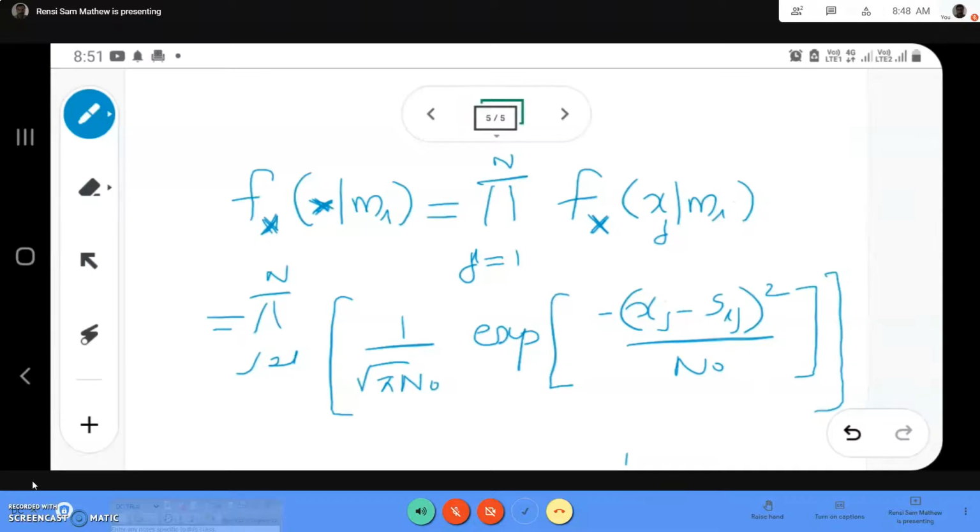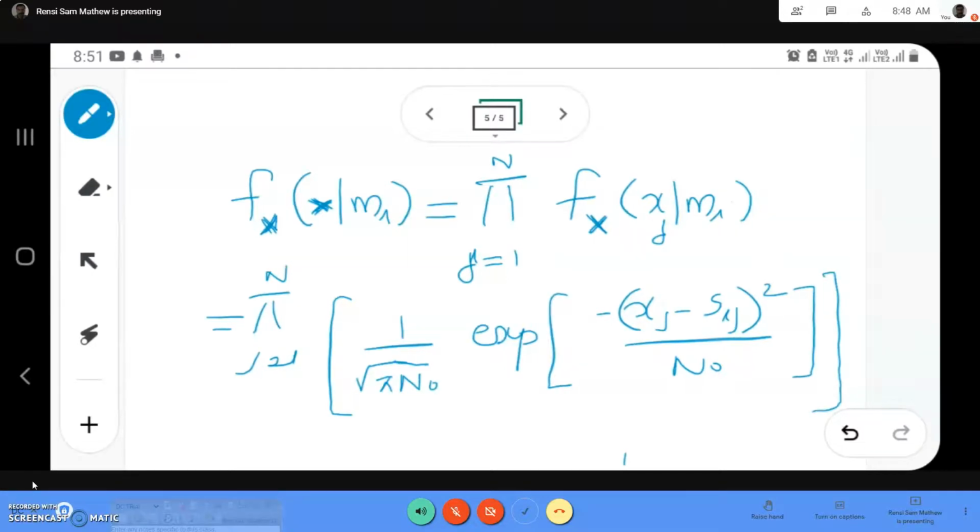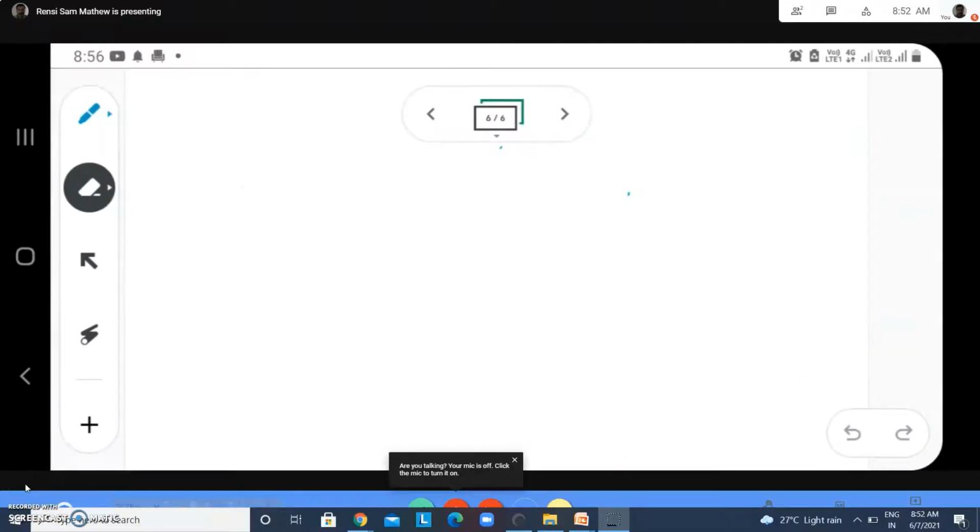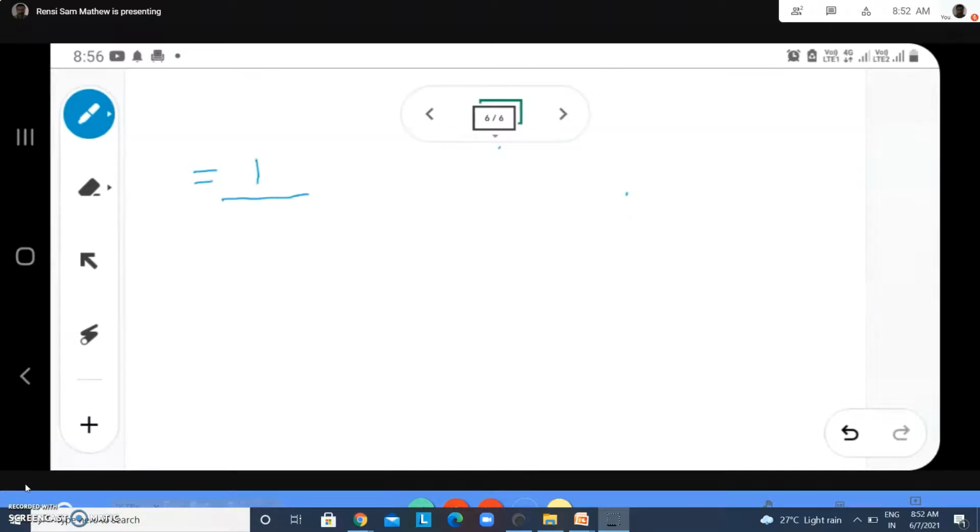Now we know pi n0 is a constant. It is not depending on any of these terms. So I can write this as 1 by square root of pi n0. This is actually a constant.